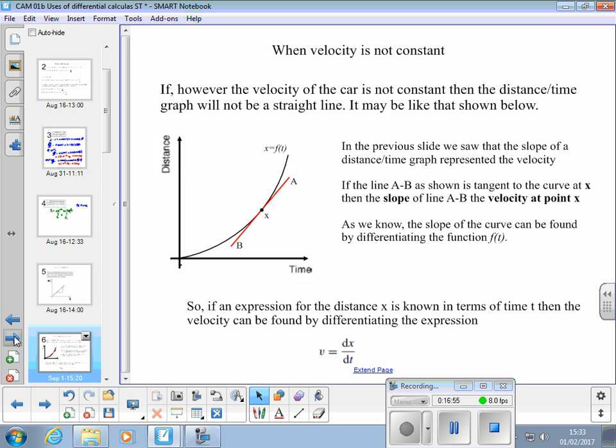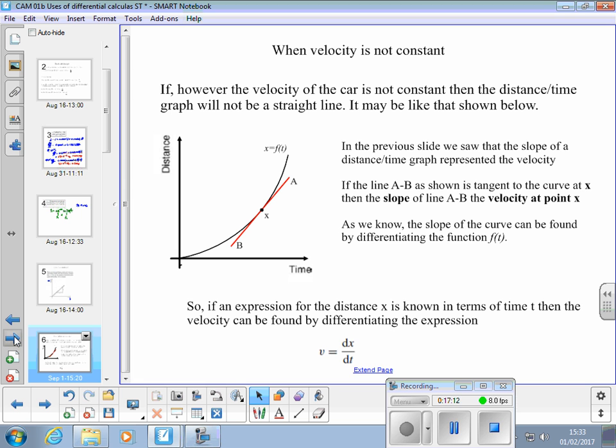Yeah, because velocity is meters per second. What we're saying is, if we find the slope of the distance versus time graph at any point, you've got the velocity at that point. Everybody follow that so far?